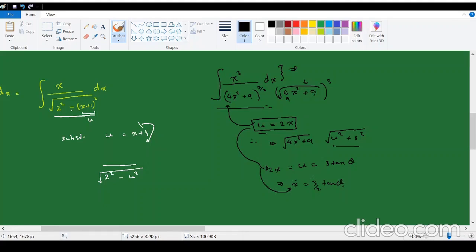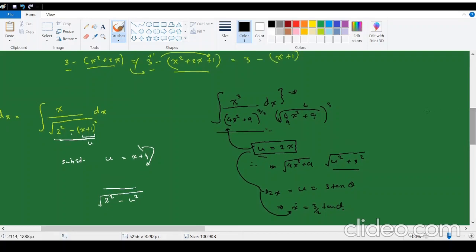Otherwise, what we could have done was write everything in terms of u. So if we have this relationship, then to find du we can differentiate this one, which is equal to 2.